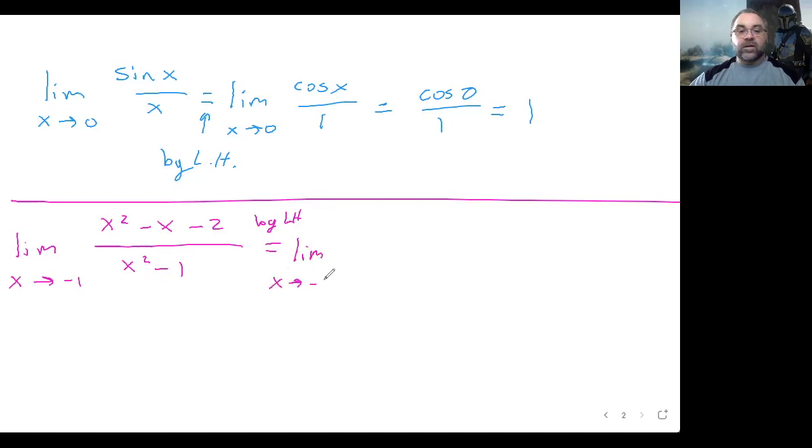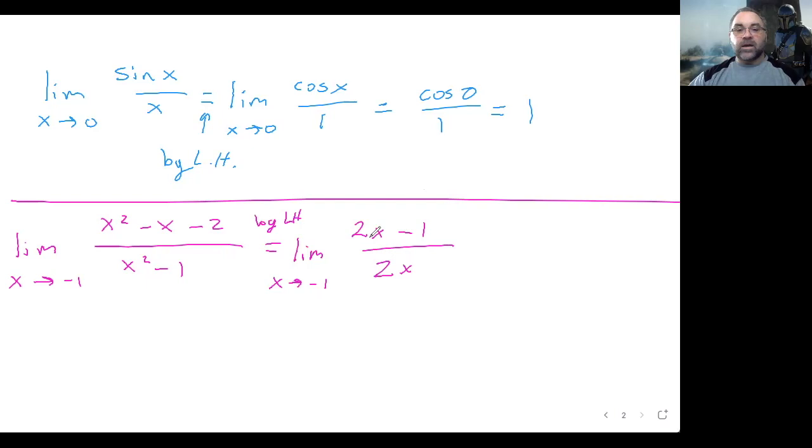Well, what's the derivative of our numerator? It's 2x minus 1. And what's the derivative of our denominator? 2x. Well, now look, you could just direct substitute -1 in there.